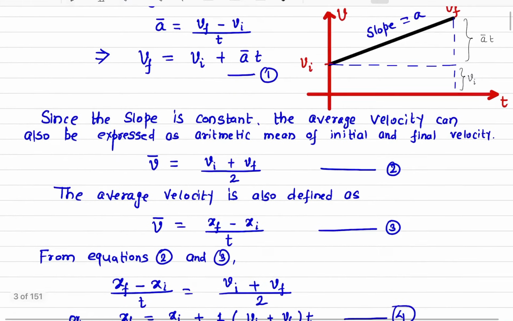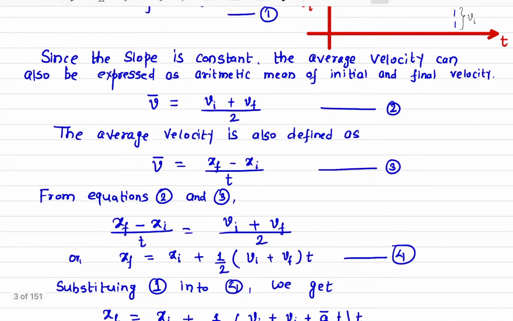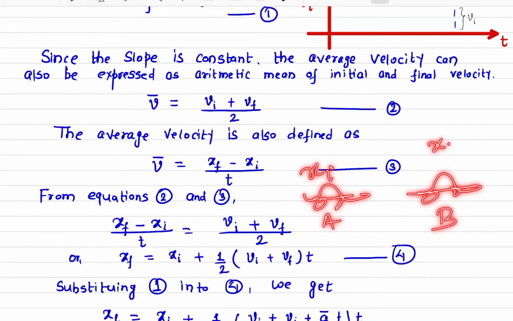So now we have two equations so far, and let's go by the definition one more time. How do we define the average velocity? Let's say a car is moving from point A to point B. This is its initial position and this is the final position.